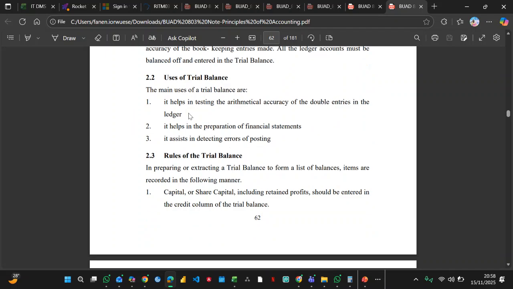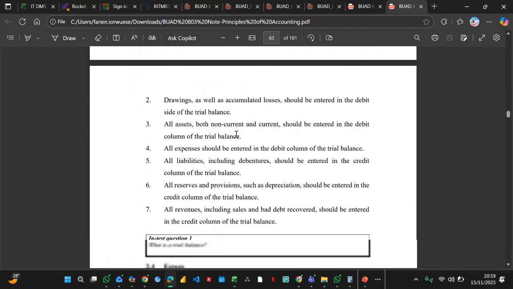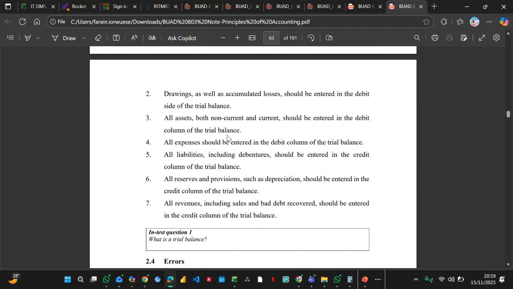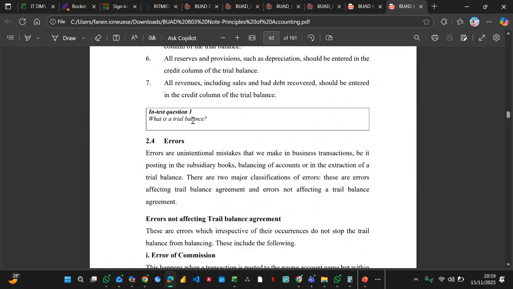All ledger accounts must be balanced off and entered into the trial balance. So what is the use of a trial balance? The main use is to help in testing the arithmetical accuracy of the double entries in the ledger. It also helps in the preparation of financial statements and assists in detecting errors of posting.